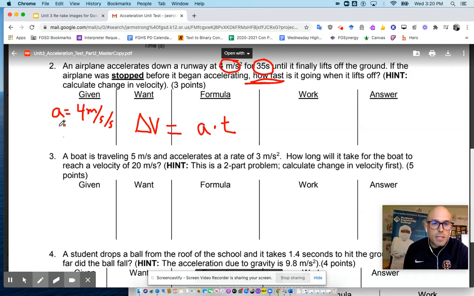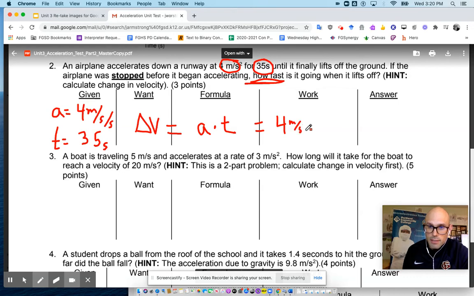And our time, 35 seconds. It's a multiplication question. So we want to find delta V, the change in velocity. The formula is acceleration times time, and that is 4 for our acceleration, meters per second squared.